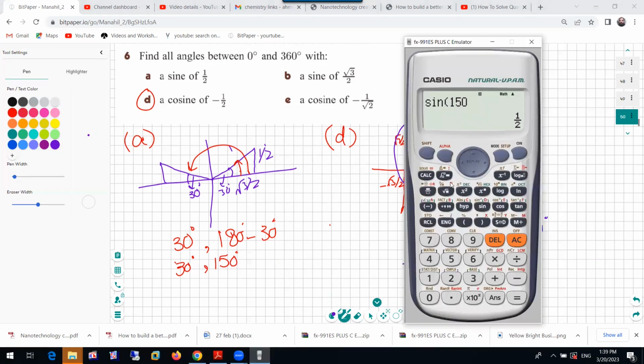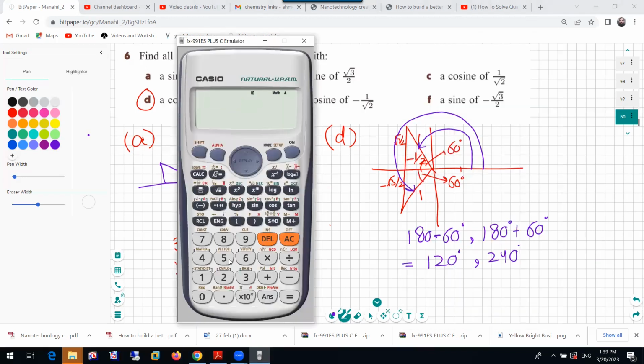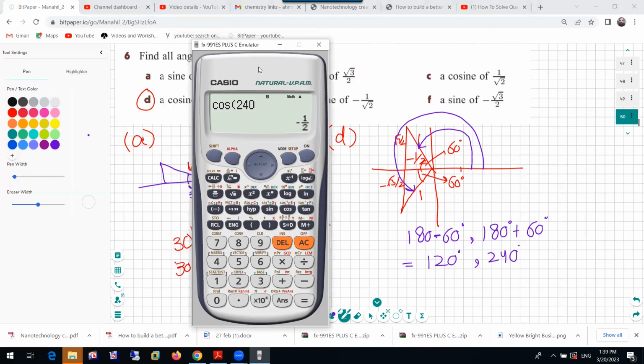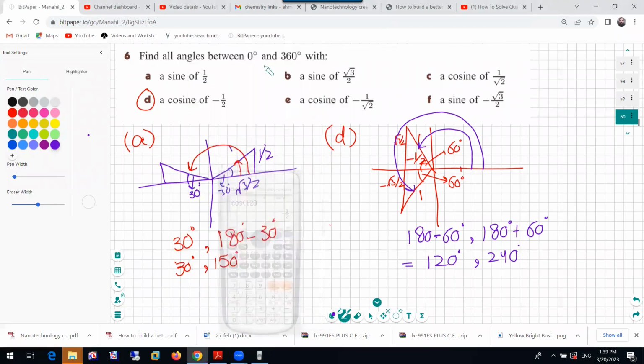We can check it as well. Cos 240 is, yes, minus half, right? And cos 120 is also negative half, right?